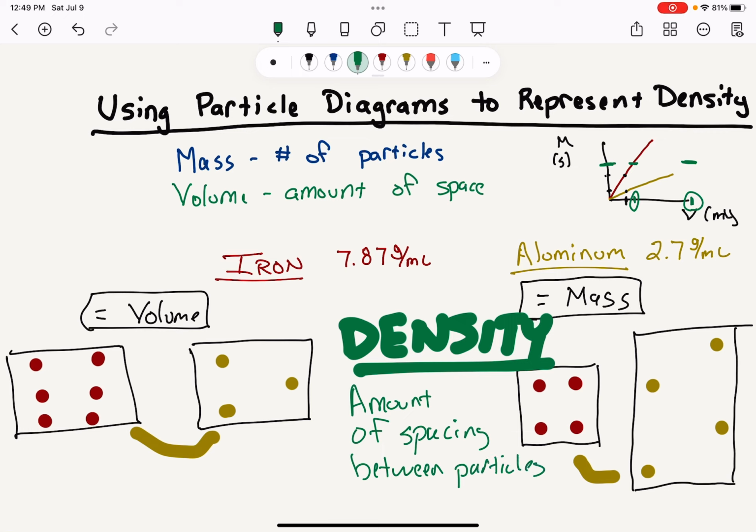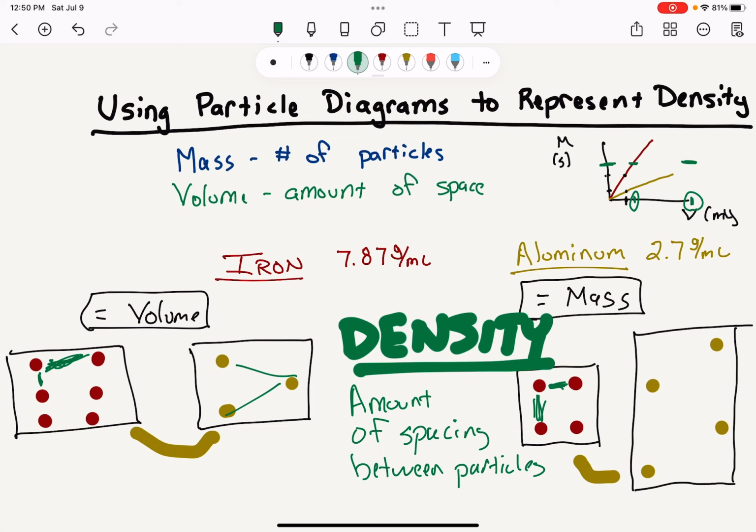If you have a very dense forest, that means the trees are really close together and it's hard to walk through it. The same thing applies here. Iron is denser than aluminum. That's because these particles are very, very close together as compared to these particles here. Much more spacing. Same thing applies here. Notice the spacing of these should be the exact same as the spacing of these over here because the density of the iron is the same. It's the spacing of the particles.